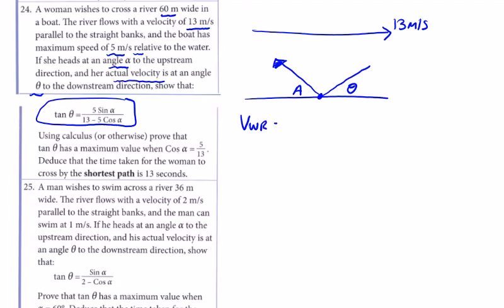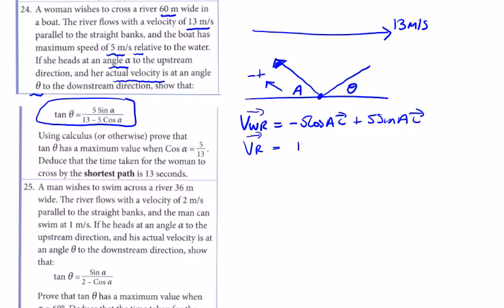If she can go at 5, she's going in this direction here, negative, positive, so she's going minus 5 cos alpha in the i direction and plus 5 sine alpha in the j direction. We have the velocity of the river, so we'll be able to get the velocity of the woman, or the boat, or whatever you want to call it.